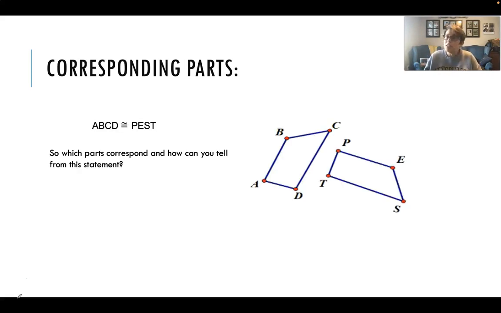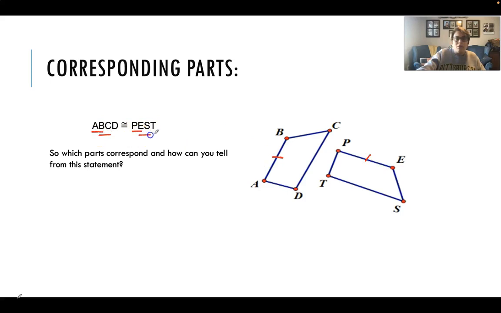So if I were to look at these two polygons, in this case some quadrilaterals, ABCD and PEST, and I'm told that they are congruent, what does that tell me? Well, I can look at this congruent statement, and it's kind of neat. It tells me a lot of information. AB has to be congruent to PE, so I can mark AB and PE.